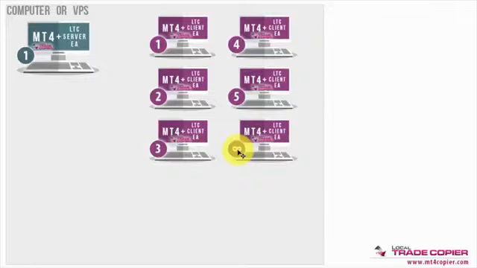And if you have a computer at home, those personal computers these days, with all those multi-core processors and huge amounts of RAM, you could be running maybe 10, 20, maybe 30 MetaTrader platforms on one computer. So you could be copying trades to dozens of MetaTrader accounts at once on the same computer.